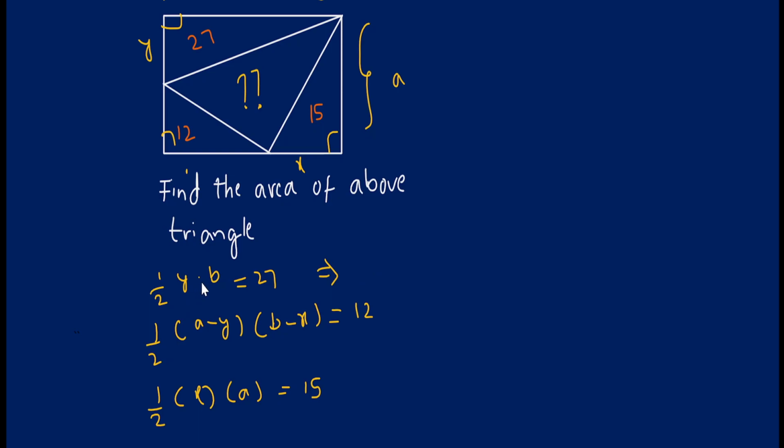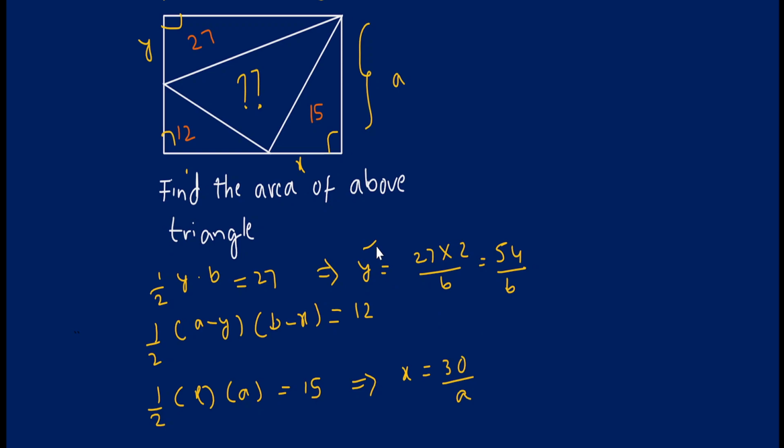So we can write y as 27 into 2 by b, which is equal to 54 by b. And similarly, we can write x as 15 into 2 by a, which is 30 by a.